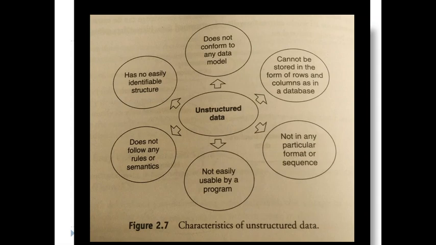If one person is uploading a picture, he is going to tag the other one. The chain is there, right? Those rules or semantics can be generated once we analyze that data, but for the data as a whole, you cannot say that so-and-so rule is definitely going to apply to that dump of unstructured data.